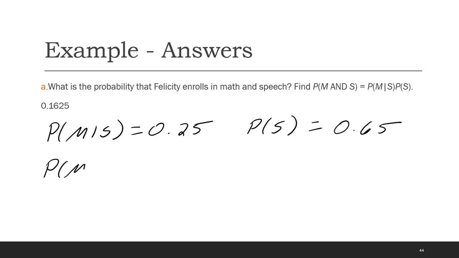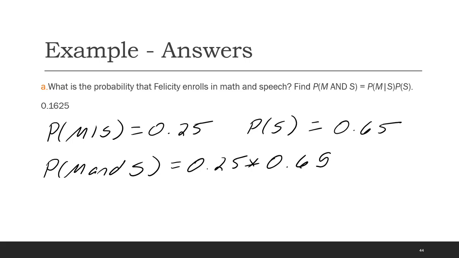So to find this probability, I just need to multiply these two probabilities together, and I will get this number here, 0.1625. So I've got the answer up there for you right here.